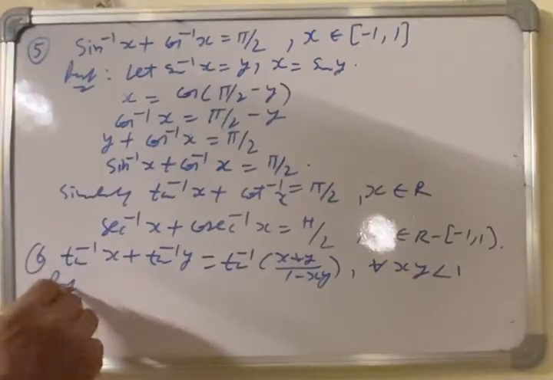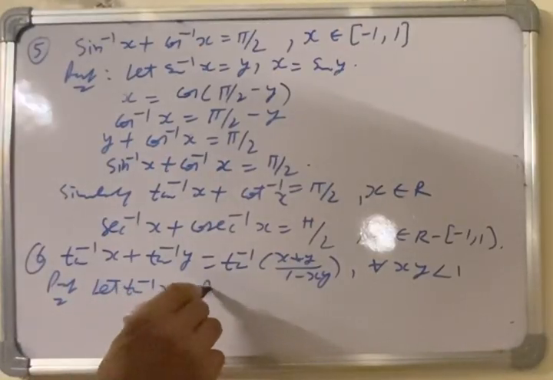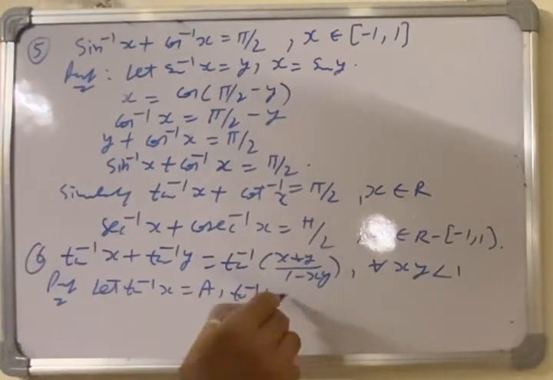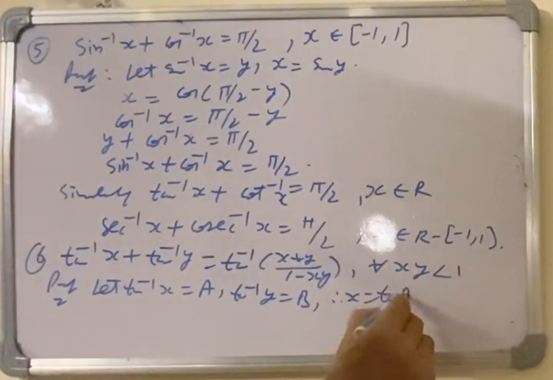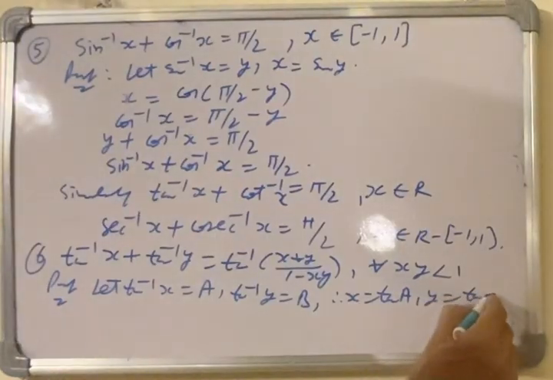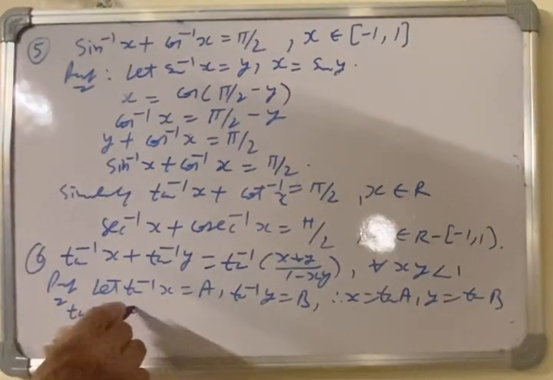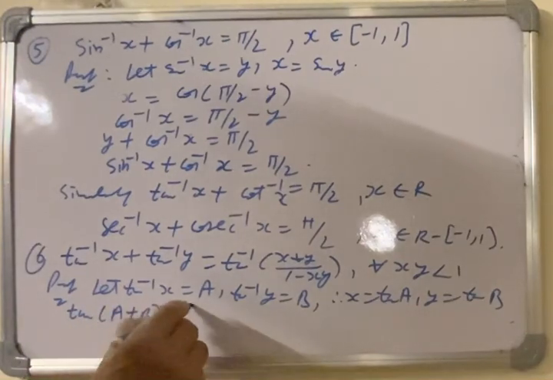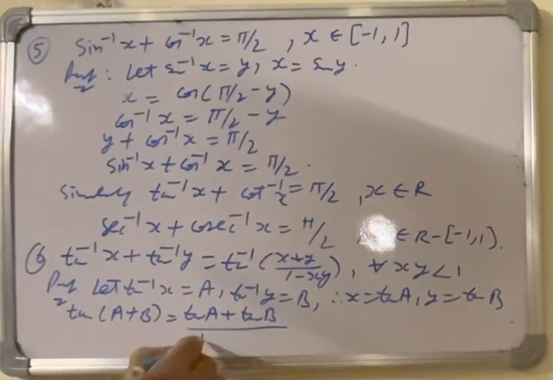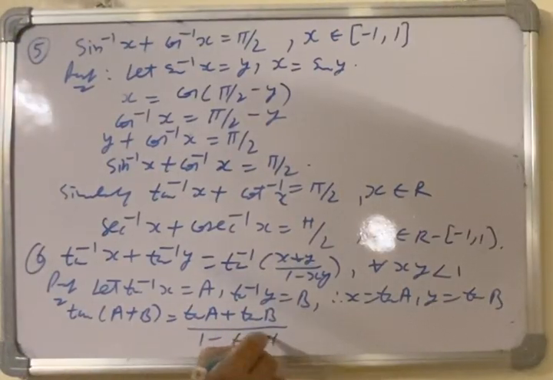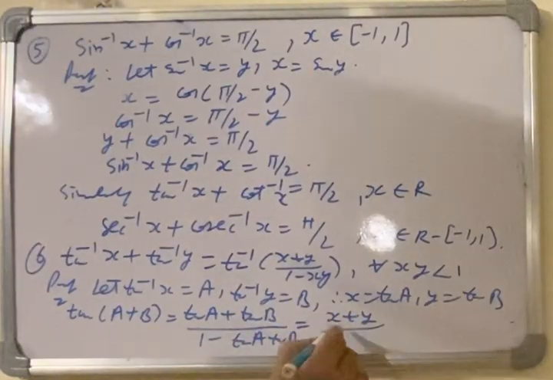Proof: let tan inverse x be A, tan inverse y be B, therefore x is tan A, y is tan B. Now tan of A plus B is tan A plus tan B over 1 minus tan A tan B. We put their values, x plus y over 1 minus xy.